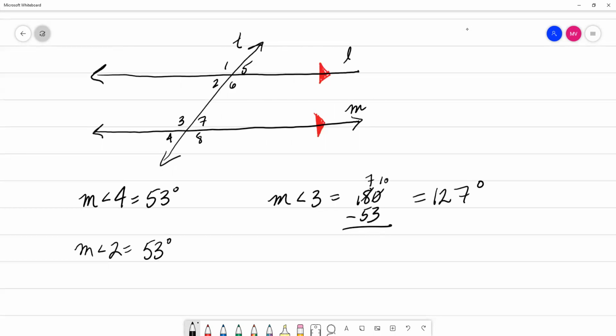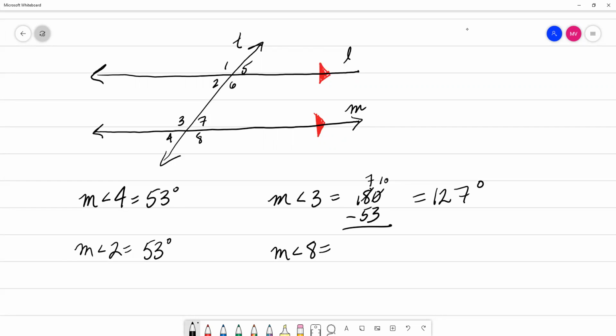All right. So what is angle 8, Aiden? Yep. Or we know angle 3.